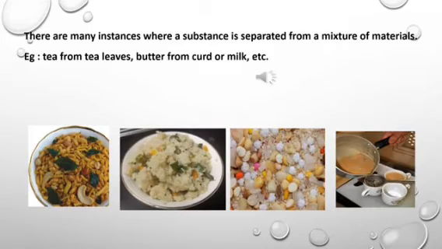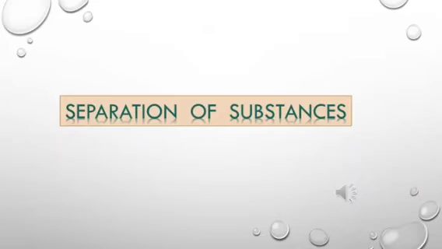But why do we separate things or substances? Let us find out now. Let us find out why things are separated from a mixture of materials and what are the different methods of separating substances from a mixture in the lesson Separation of Substances.